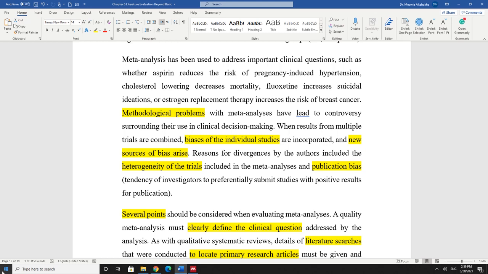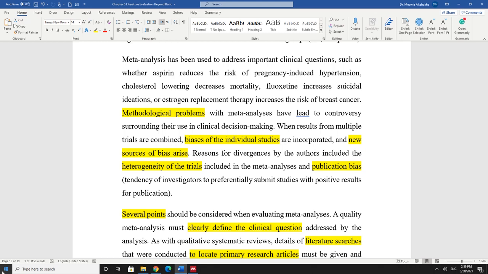Meaning they were designed in the same way. Everything was tested in the same way. Follow-up was in the same way. So it's very difficult to make sure that these trials are homogeneous. Okay.